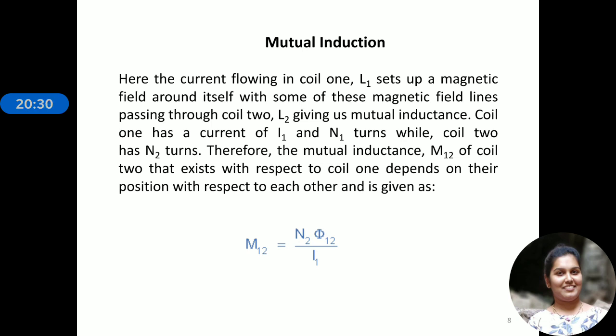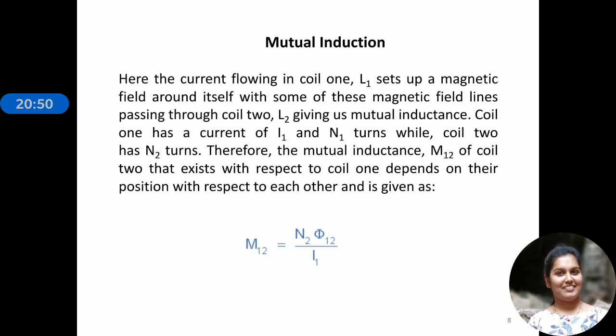In a similar way, the flux linking coil 1 while the current flows around coil 2 is exactly the same as the flux linking coil 2 when the same current flows around coil 1.